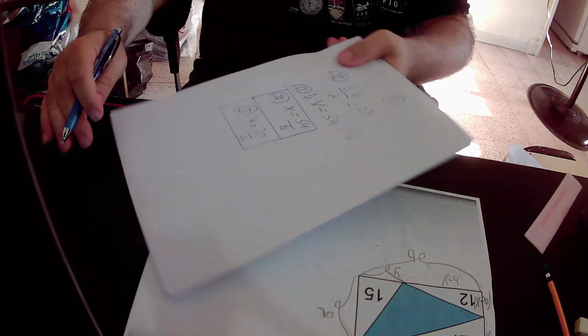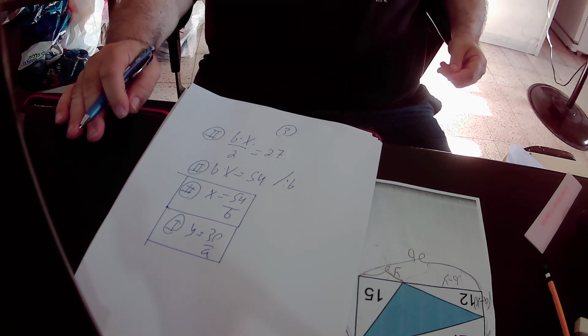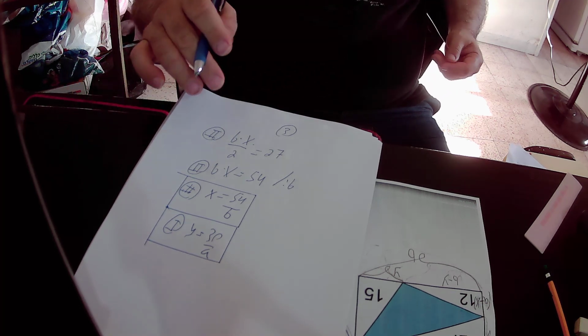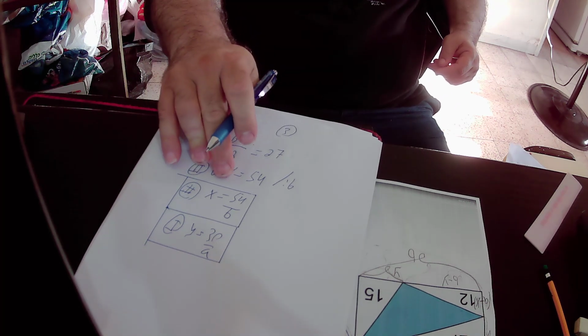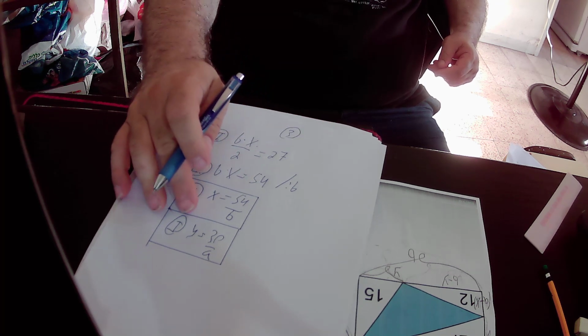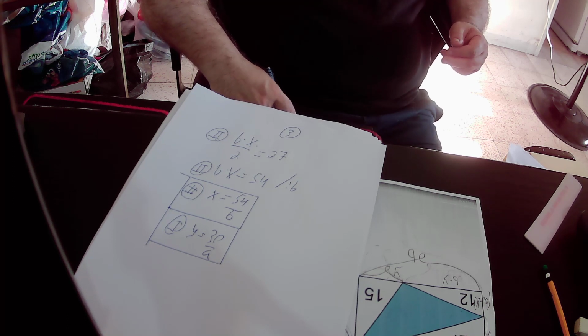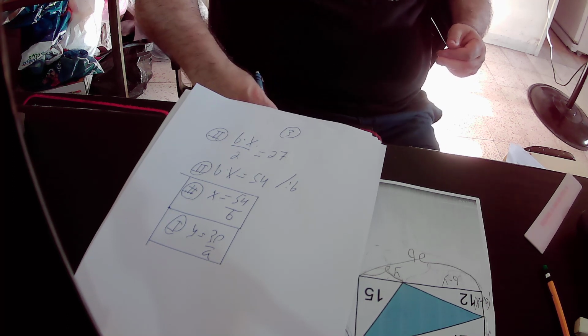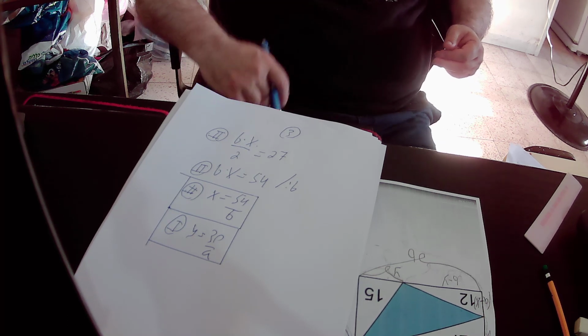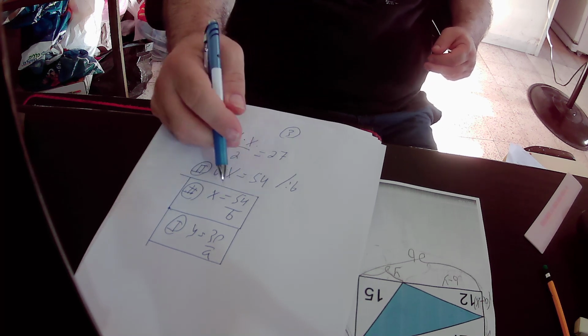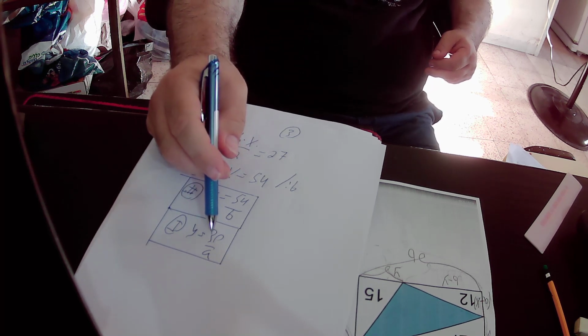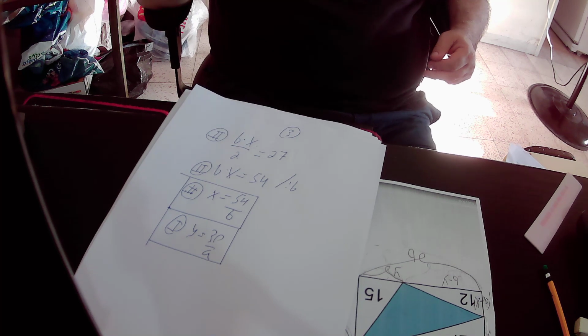Okay, so we took x and y out of the equations. In the next step, we will substitute x by 54 over b and y by 30 over a in the third equation.